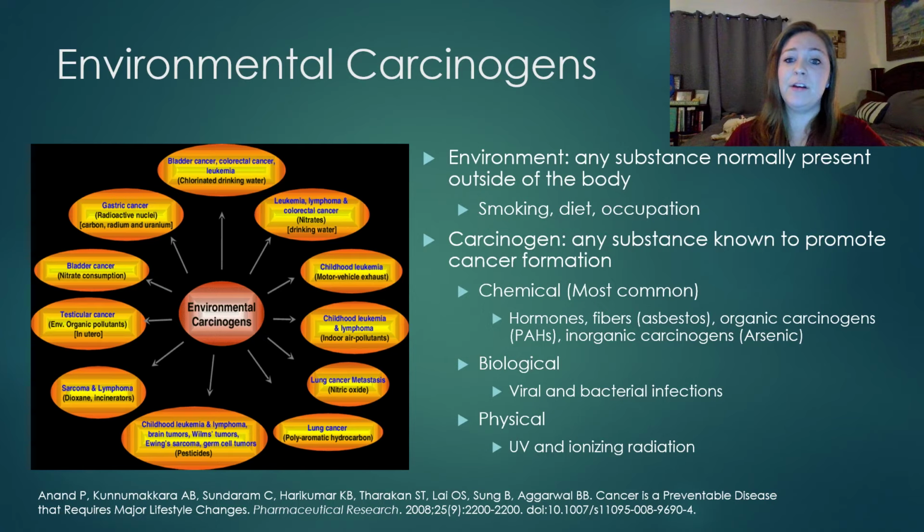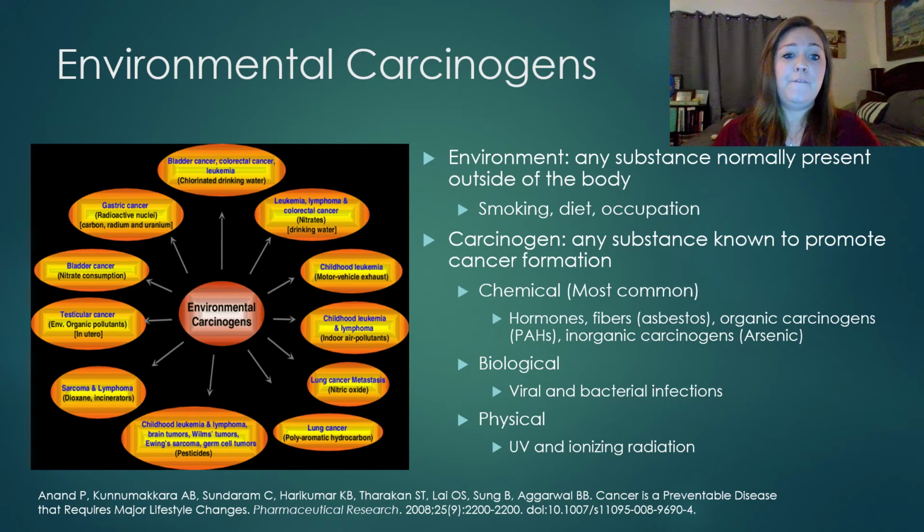But these are released from the burning of coal, the burning of oil, gasoline, trash, tobacco, weed. So it's a pretty common chemical carcinogen all around us. And then there's also inorganic compounds, an example would be arsenic.